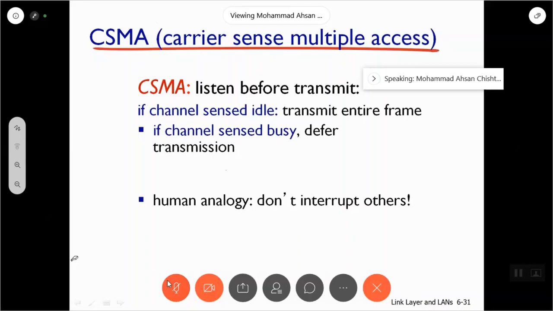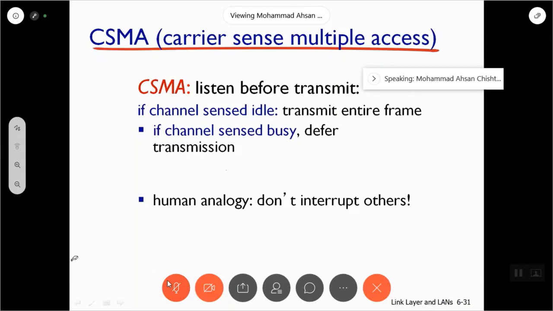They do not follow polite conversation protocols. Normally, there are two rules for polite conversation. The first rule is listen before speaking. If someone is speaking, like I am speaking here, others would wait for me to finish, and then once I stop, the person starts to speak.